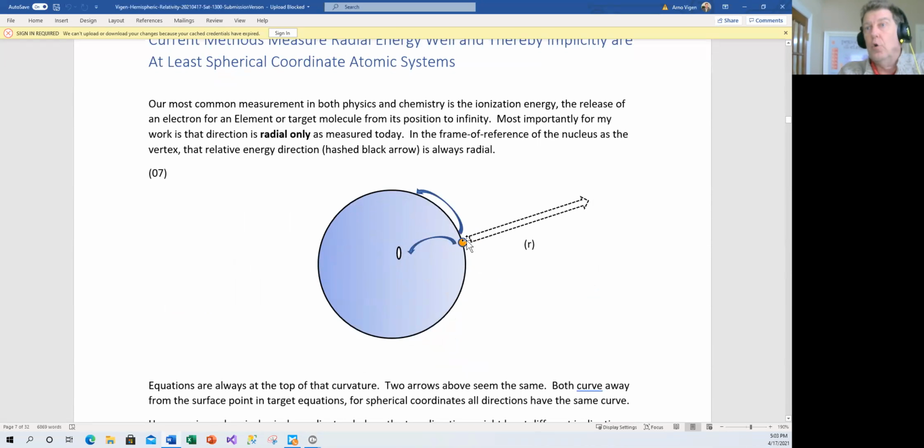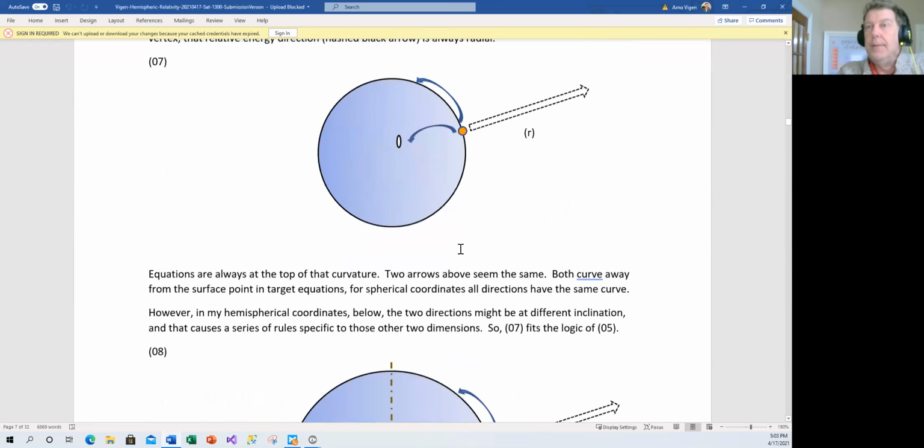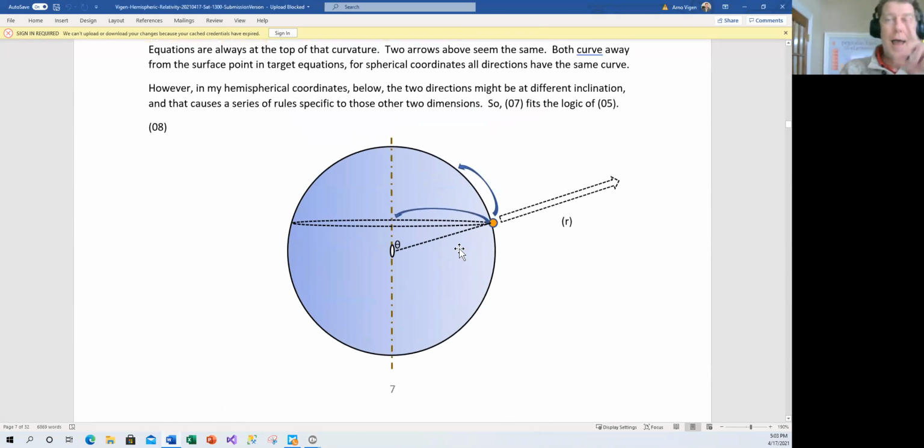Now, this is spherical coordinates, so if you go this way and that way, the curvature of that is the same. However, I'm presenting that we're in a hemispherical coordinate system so that the curvature here goes all the way around, but the curvature in the third quantum number, the latitude, is along this line, which could be the whole thing, but it could be smaller and smaller and even be a tiny one, depending on what this inclination angle is.